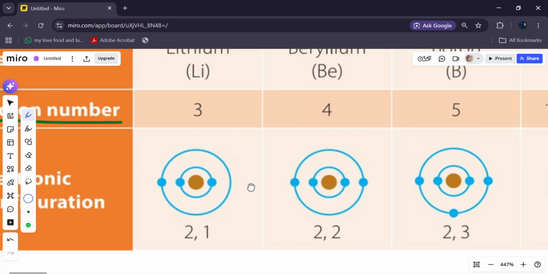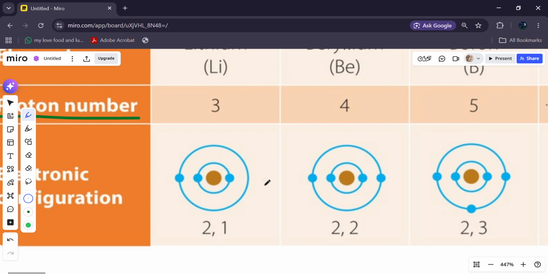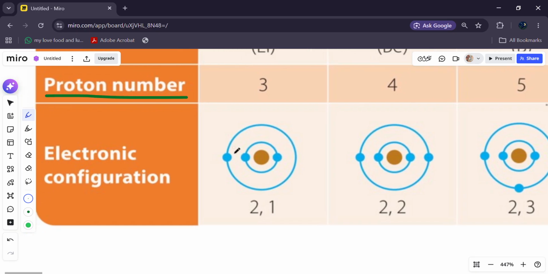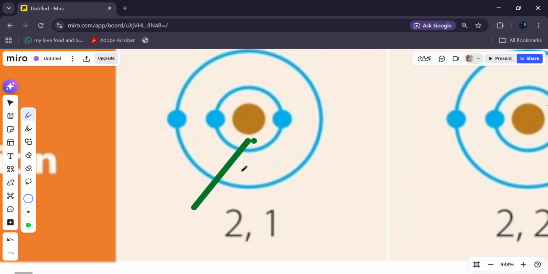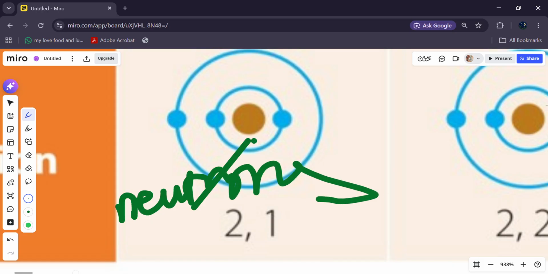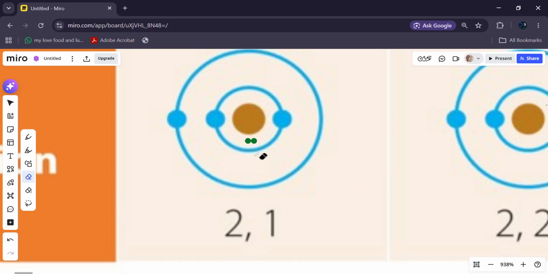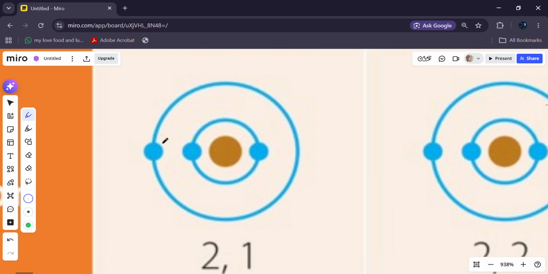Since lithium has a proton number of 3, the electrons will be 3. Here is the nucleus in the center, which contains both the neutrons and the protons. Then the outer shell contains the electrons that travel around the shell.